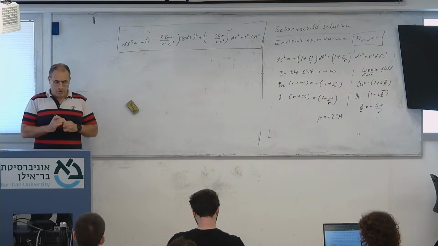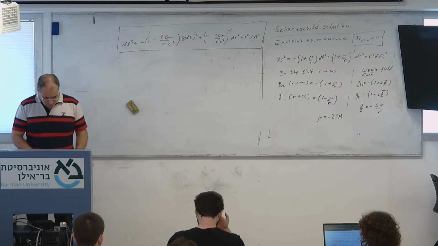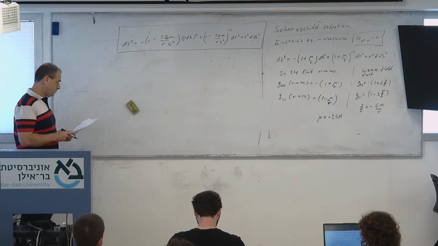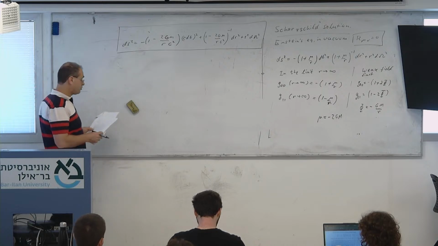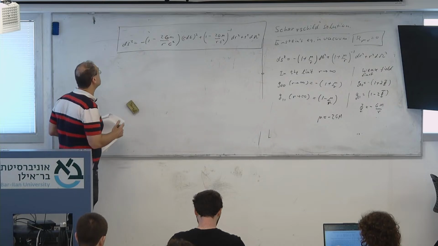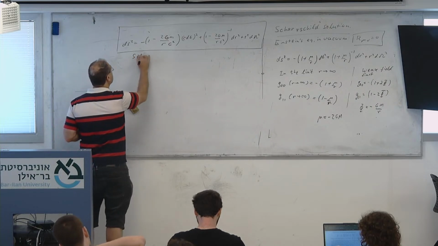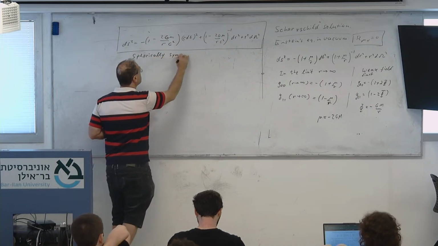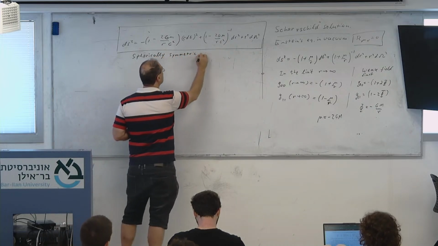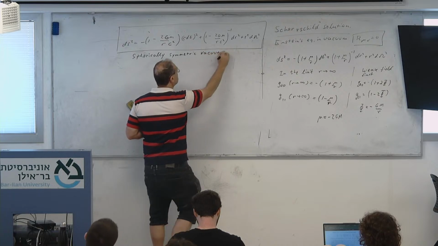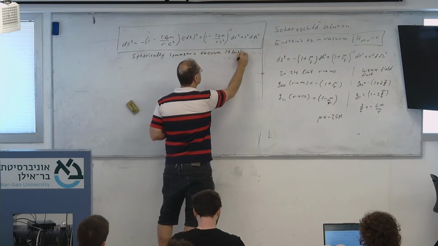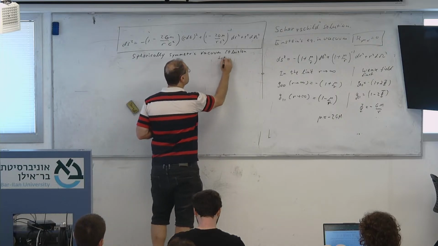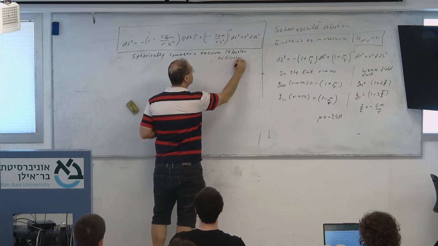What we have here is the correct metric that describes a spherically symmetric vacuum solution to Einstein's equation.